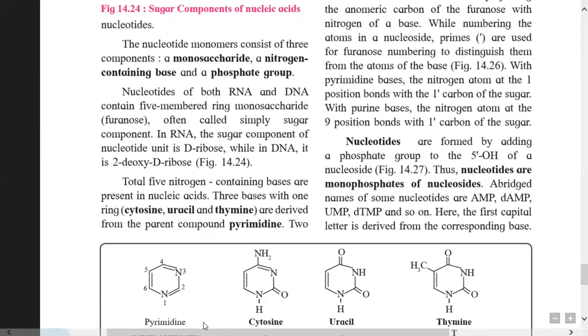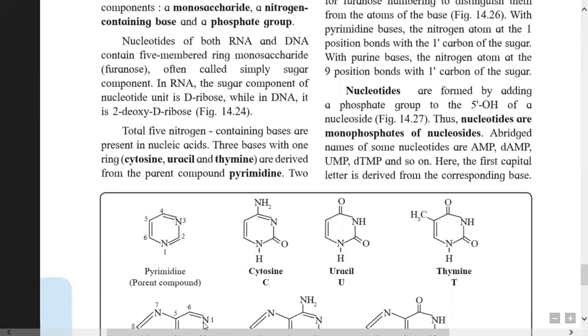Then nucleotides are formed by adding a phosphate group to the 5th prime OH position in the monosaccharide of the nucleoside. The nucleotides are the monophosphates of nucleosides, meaning if a phosphate group is added to the nucleoside, that becomes the nucleotide. Abridged names of some nucleotides are AMP, meaning adenosine monophosphate. dAMP means deoxyribose adenosine monophosphate.